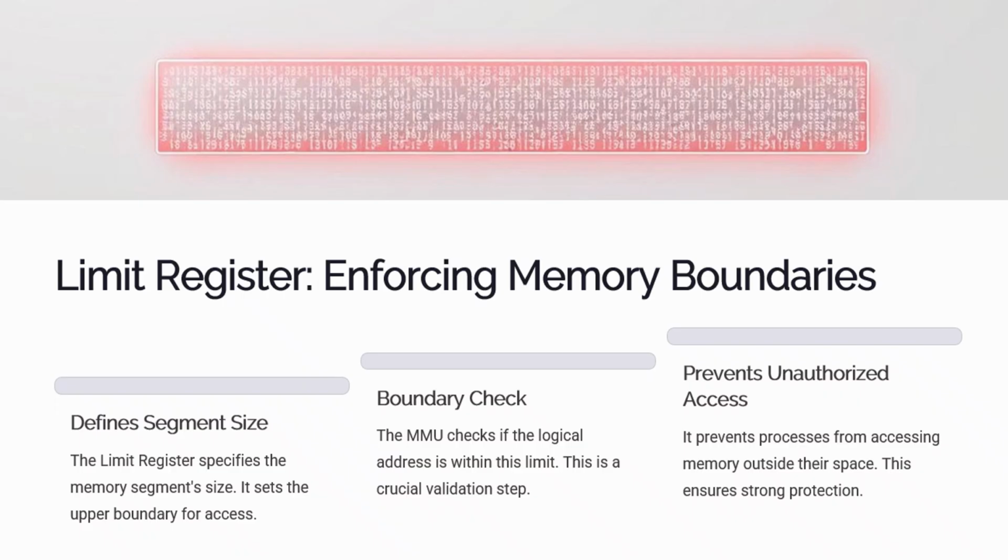If a program tries to go beyond that line, the MMU will catch it. This is done through boundary checking. If a logical address plus base exceeds the limit, the MMU will raise an error, usually a segmentation fault or trap to the operating system. This is essential for process safety. It keeps one program from accessing or corrupting another's data.